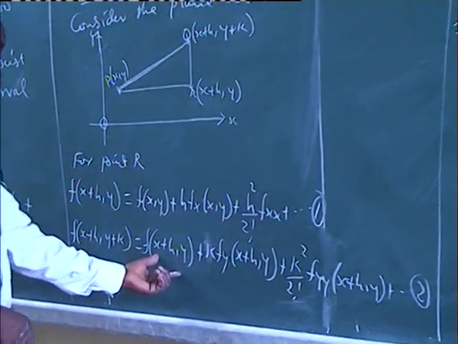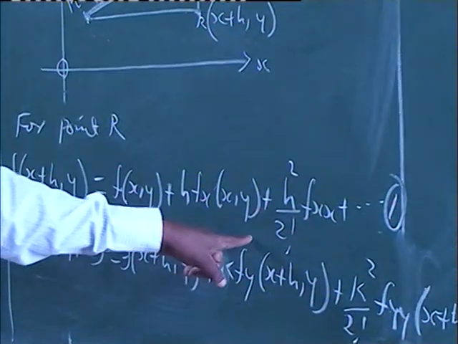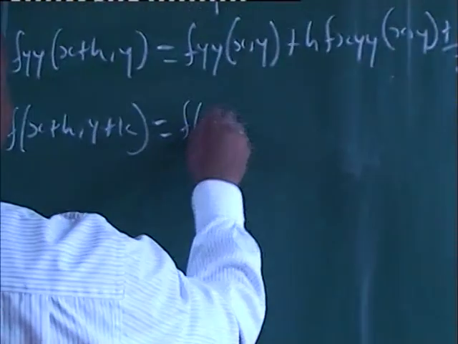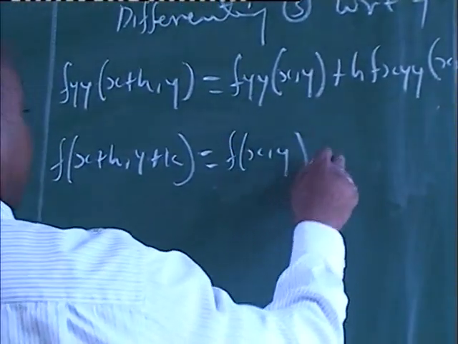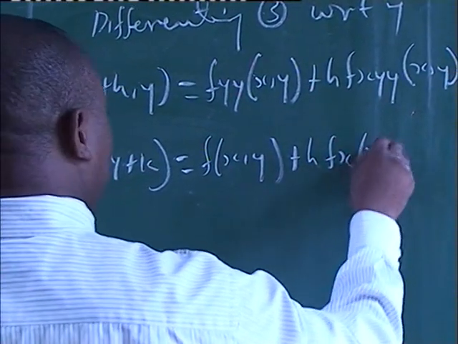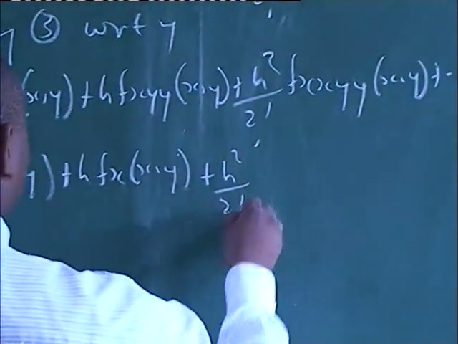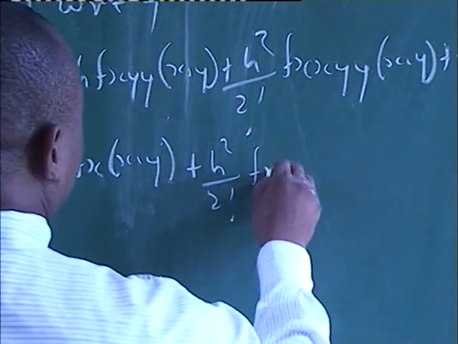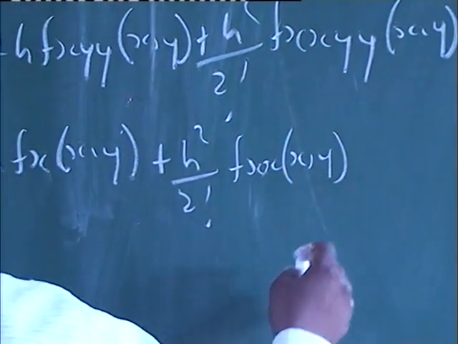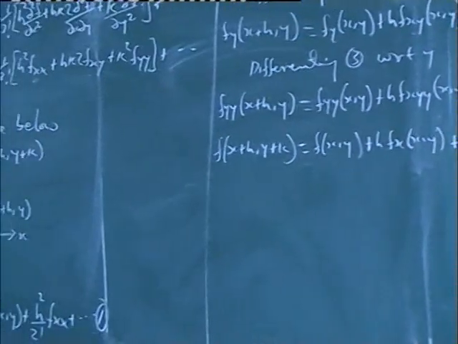Which function is this? Is it not the function of 1? That is what 1 expressed. So we put 1 there, which gives us f of xy plus h, then h squared over 2 factorial times the second derivative of xy. That is the first one we have expressed.